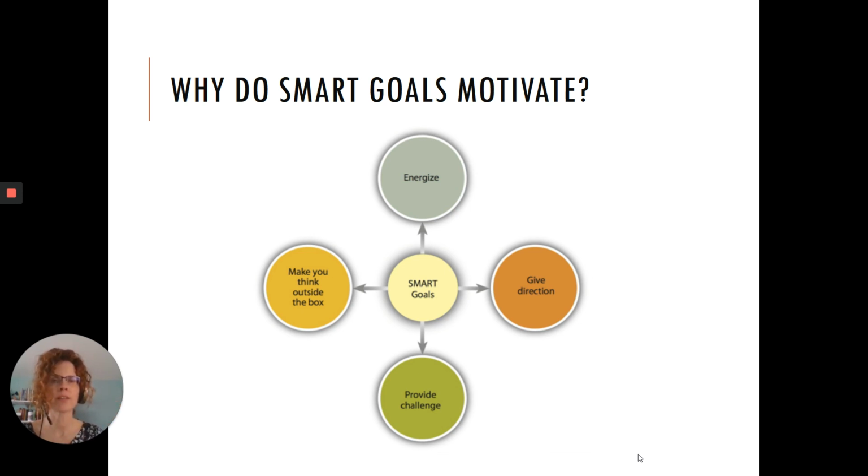SMART goals help to give us direction. On any given day, when I would look with longing at some snack, I could say to myself, nope, I have to make a different choice. Remember, direction is all about choice. Third, they provide challenge. I knew it wouldn't be super easy. I knew it would be challenging, and I know myself.